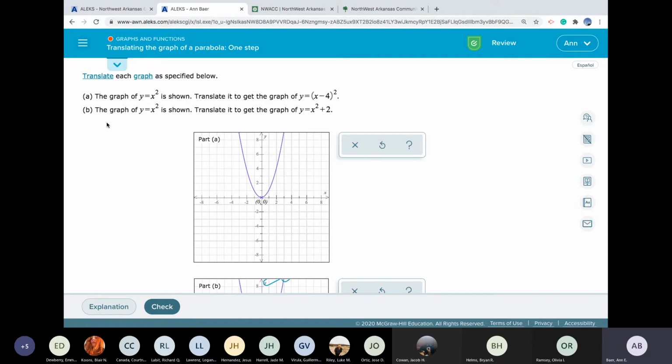In both part A and part B, the graph of y equals x squared is shown. In part A, translate it to get the graph of y equals x minus 4 all squared. And in part B, y equals x squared plus 2.